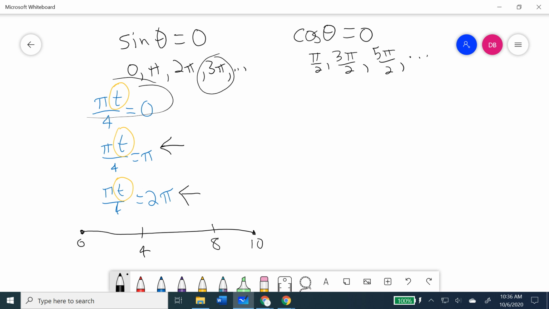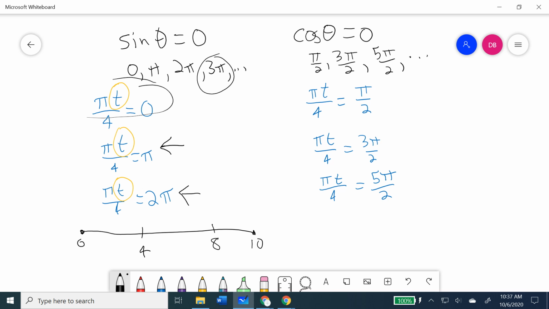For cosine, I need to do the same thing. If theta is pi t over 4, what is t to make that angle pi over 2? What is t to get 3 pi over 2? And maybe we'll have to go as far as 5 pi over 2, maybe not.